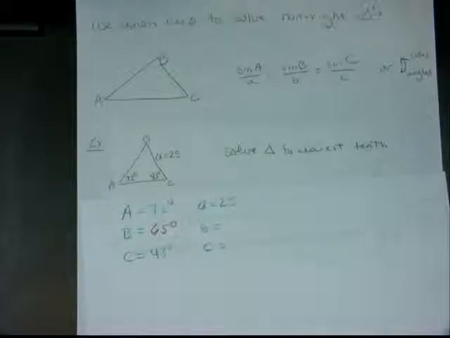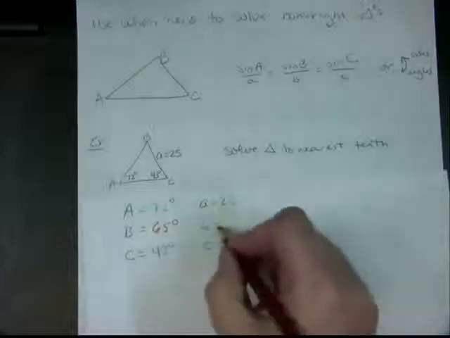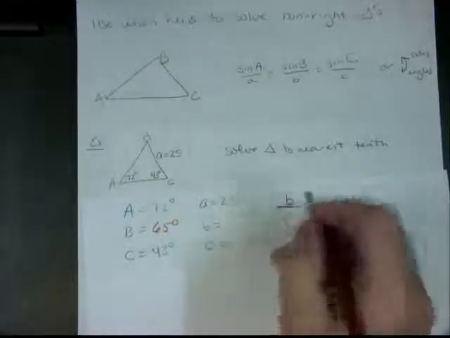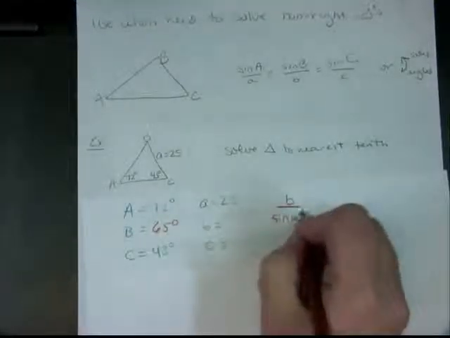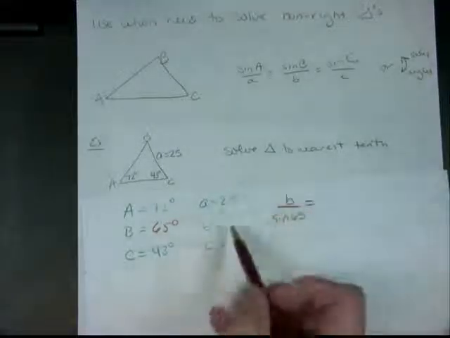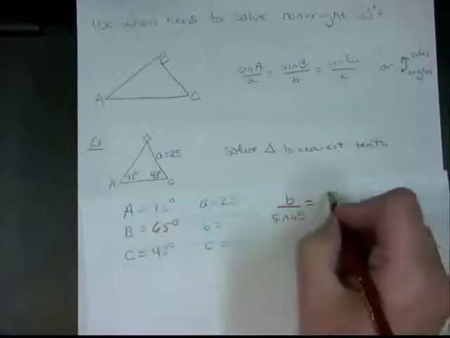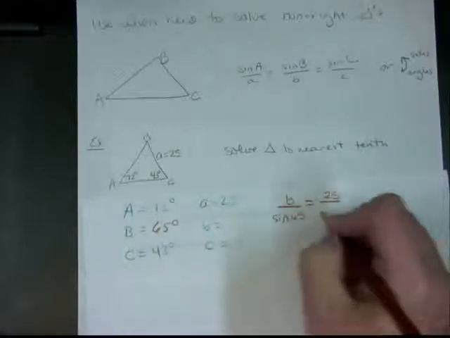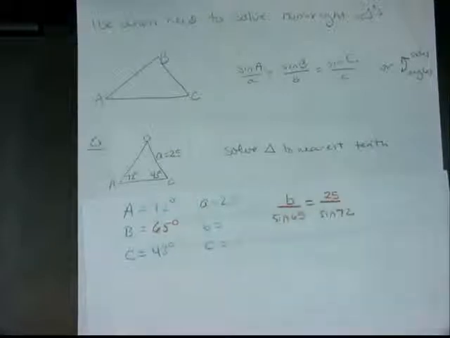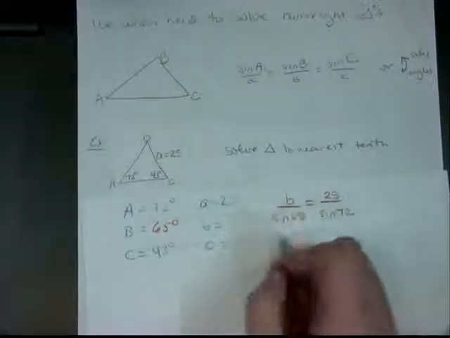To find side B, though, I need to use angle B. And because I want side B, I'm going to put it on top, and I'm going to put its angle on the bottom. Now, I have to use A. I have no choice, but I always want to use the pieces I'm given. So side A to angle A. Multiply the sine of 65 out.